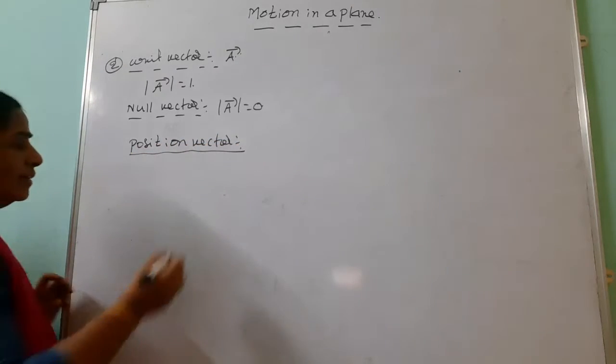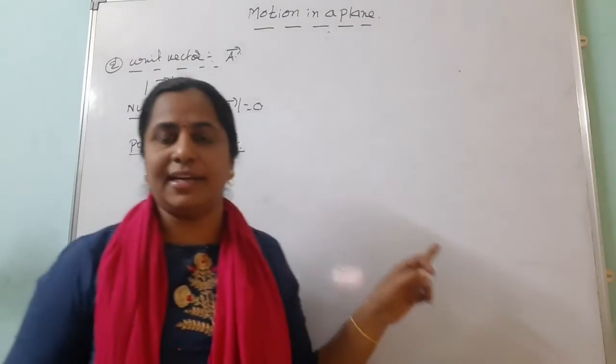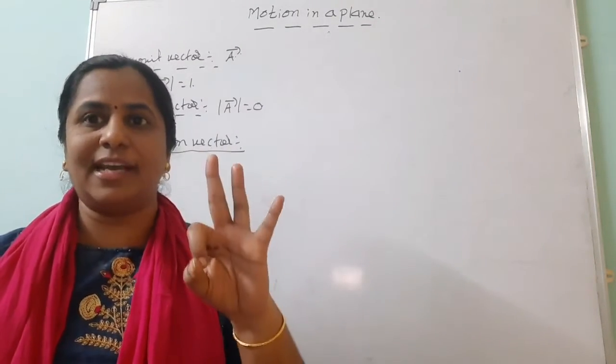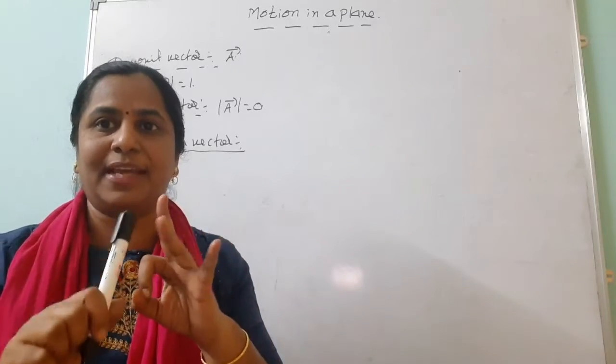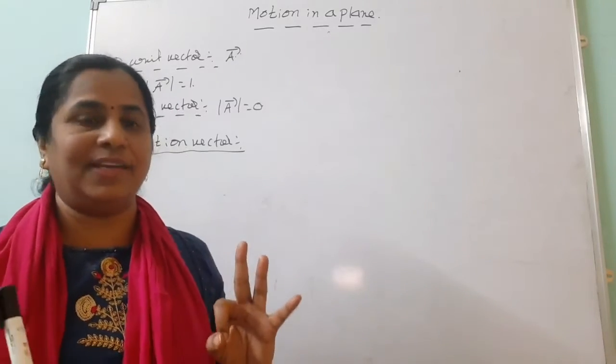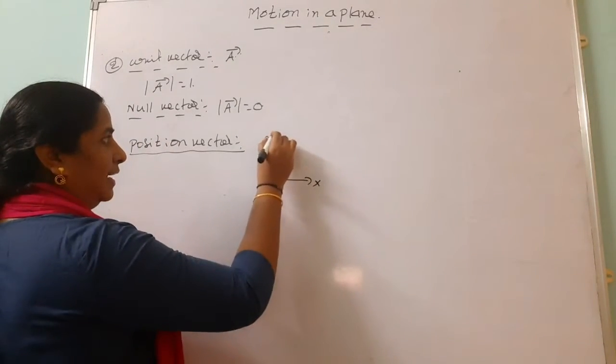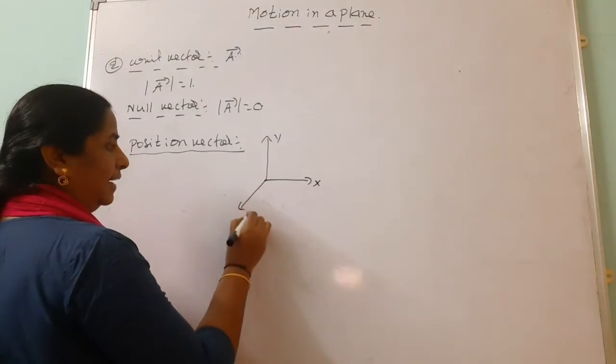It is giving the direction and magnitude of the particle in space. Space means how many directions we should consider with respect to x, y, z. Three directions we are taking. See, this is the x-axis, y-axis, and this is the z-axis.